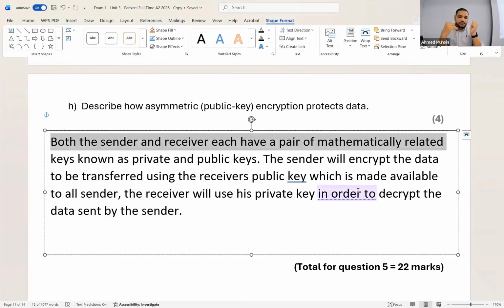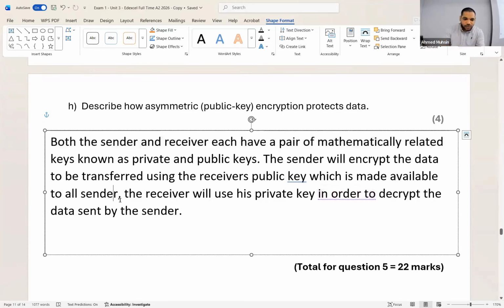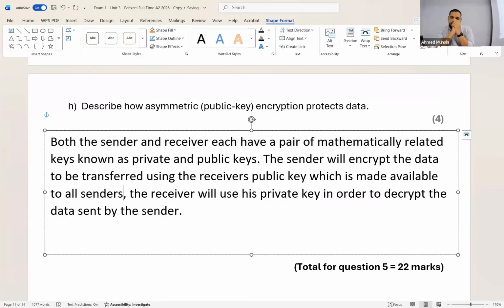The sender will encrypt the data to be transferred using the receiver's public key, which is made available to all sending devices or to all senders. Are we good?